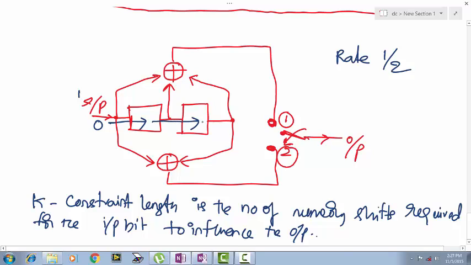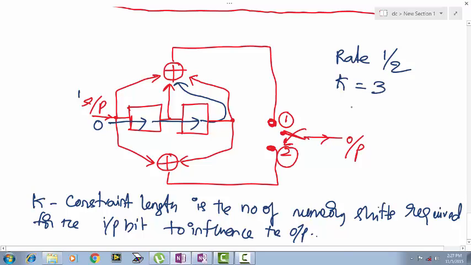For the third clock pulse it will be shifted to influence the output. So for this structure of rate 1/2 with two memory elements, for the input bit to influence the output, 3 memory shifts are required. So in this example the constraint length is capital K equal to 3.